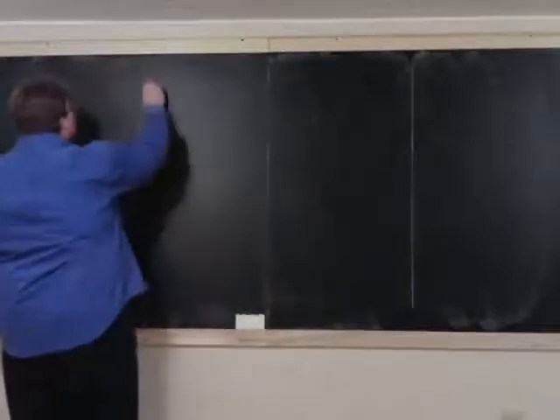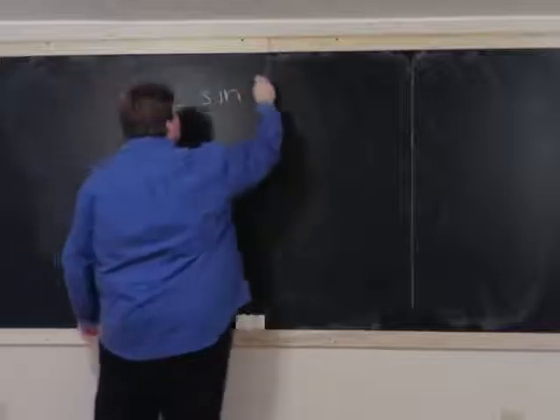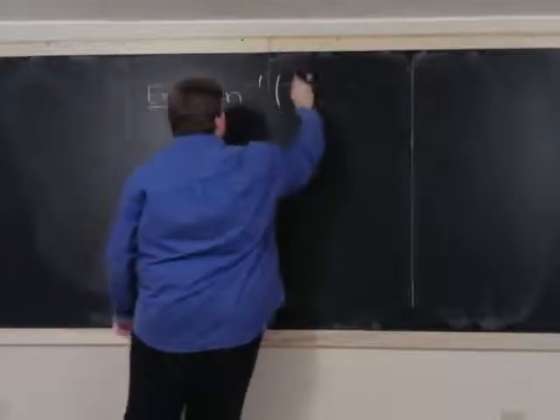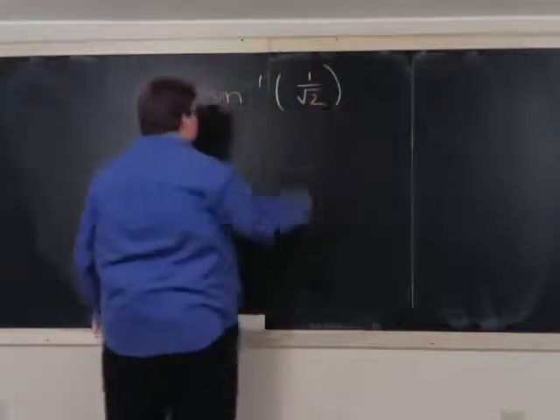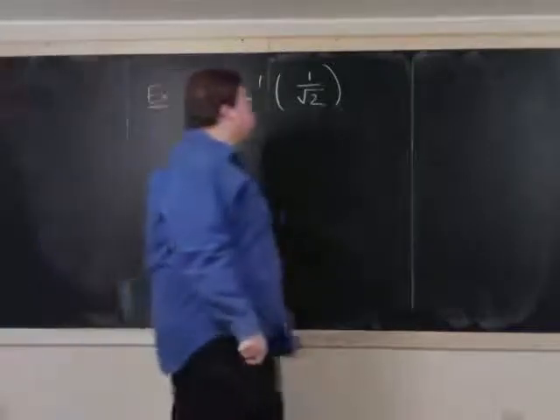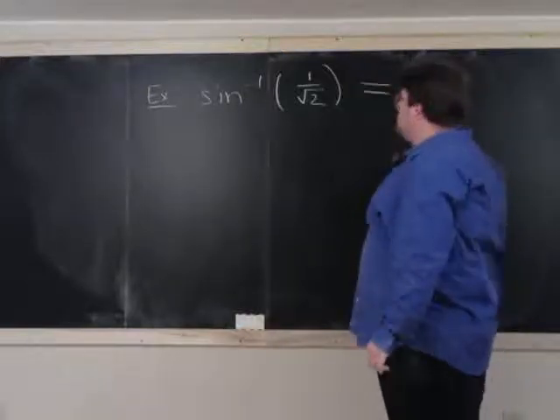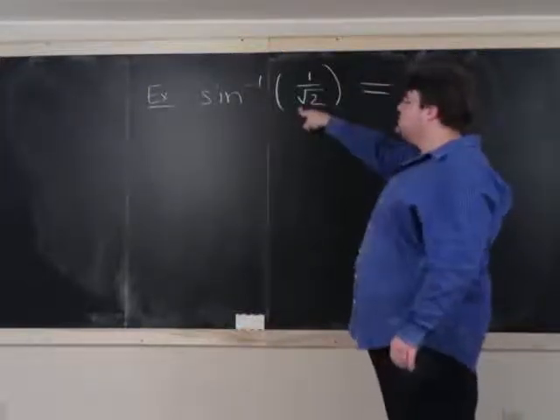Example. We'll do 2 examples. Inverse sine of 1 over root 2. Now our immediate observation, this is a positive number.